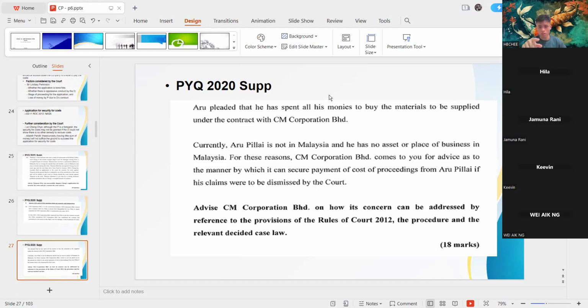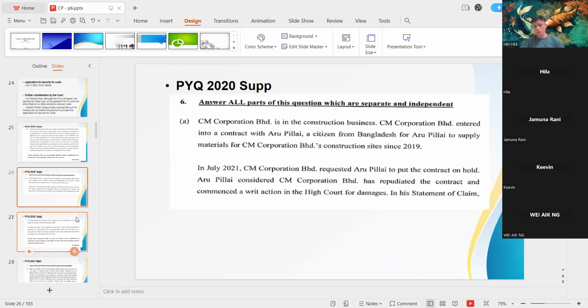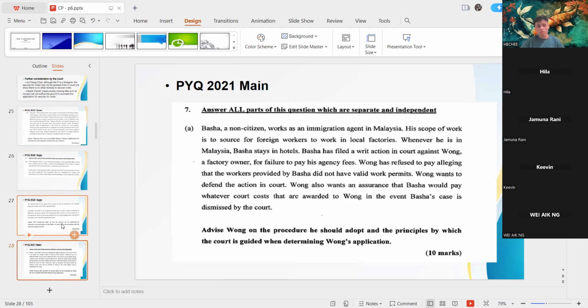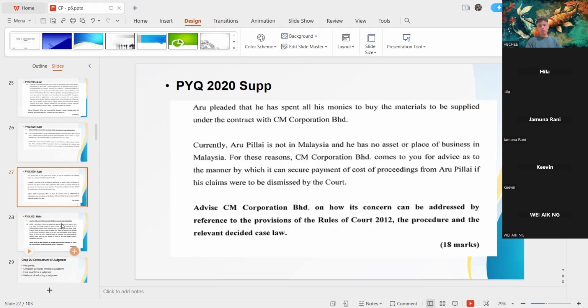First thing is he's not a Malaysian. This is the first ground. Second thing is that he has no permanent address. So in this case, right, since it is a 18 marks question now, you have to be more details.